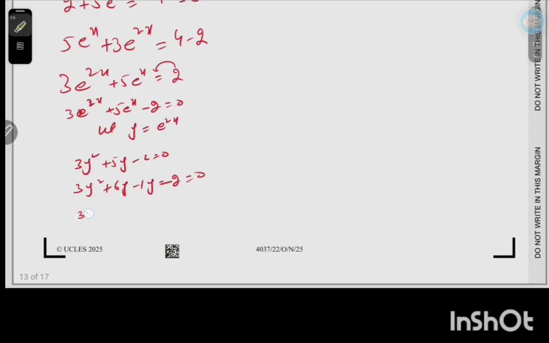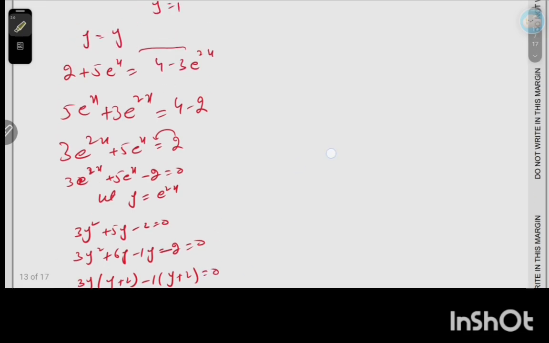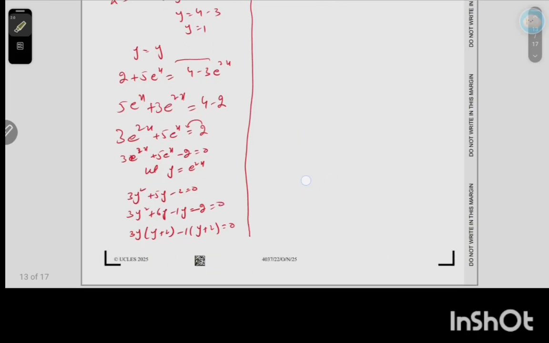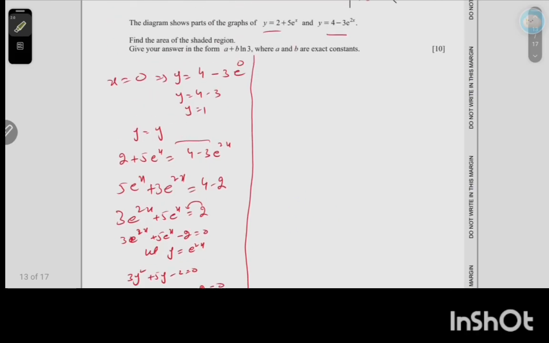Now here 3y is common, y plus 2, and minus 1 is common, y plus 2 equals 0. So 3y minus 1 equals 0, y equals 1 by 3, and y equals minus 2. So y equals 1 by 3, and these are the two points.